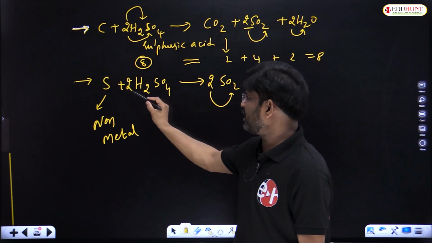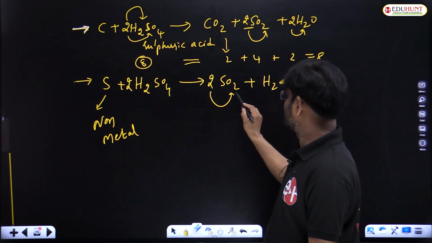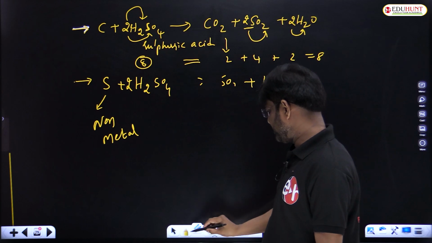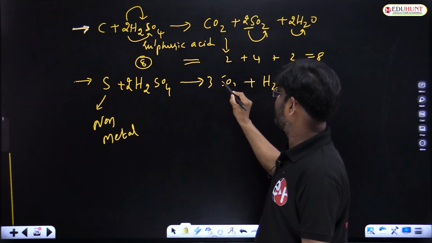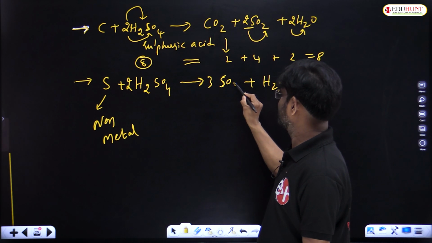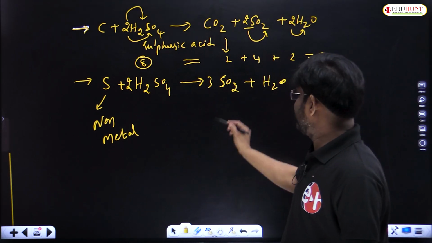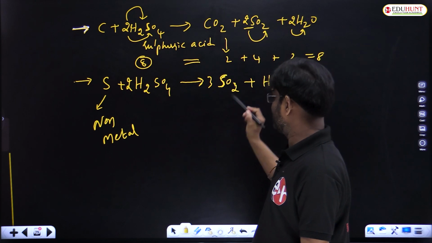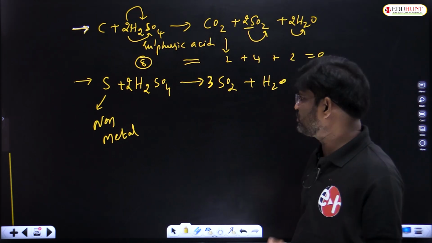Now again coming to the sulfurs. 1 sulfur, 2 sulfurs, total 3 sulfurs. So that's why I'm putting 3 here: 3SO2. Okay? Now sulfurs balanced.